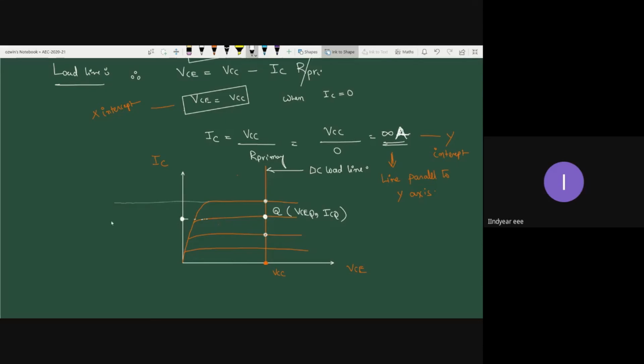Then you can just draw the guidelines. Okay, so this is where your collector current exists. This is your collector current.